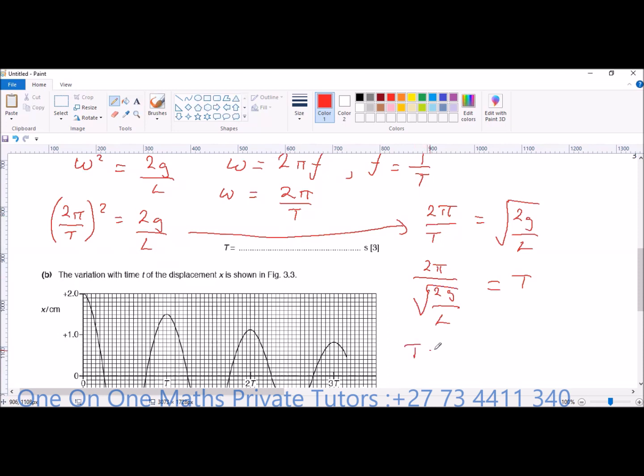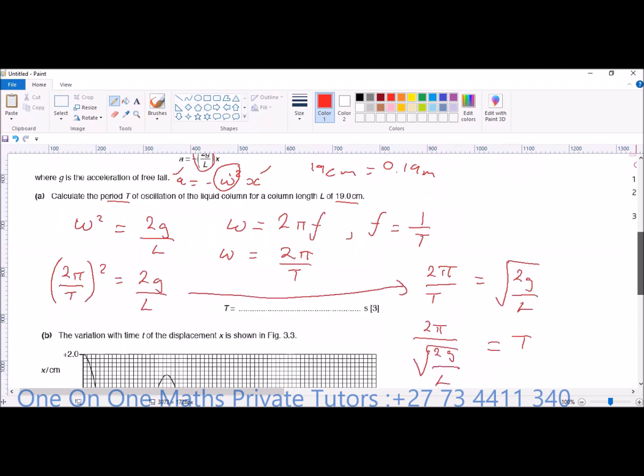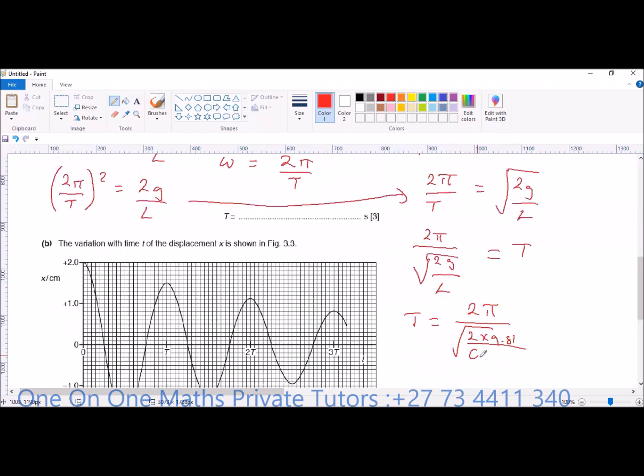So T is equal to 2 pi over the root of 2 times 9.81 over L, which we have been given as 19 centimeters, which is 0.19 meters. This will give us our T ultimately as 0.62 seconds.